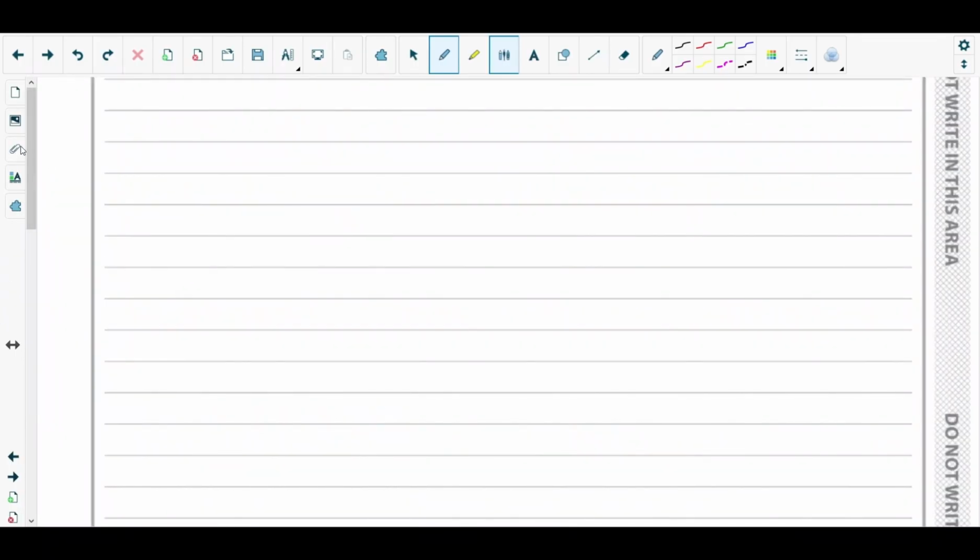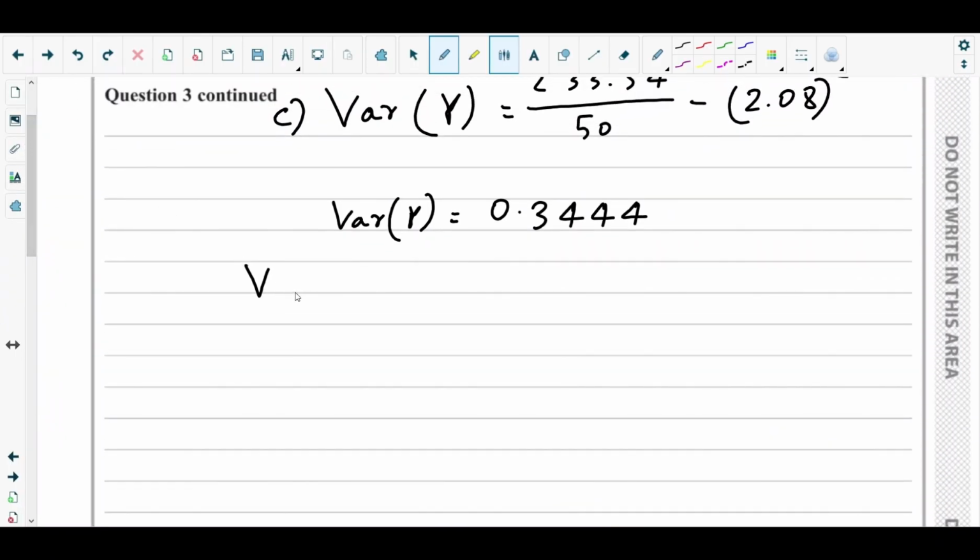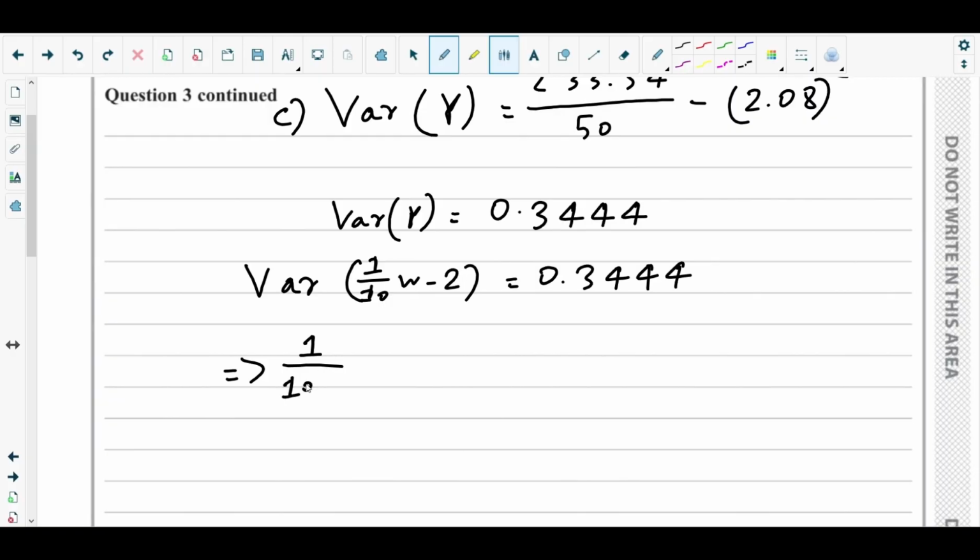So the variance of y is basically the variance of 1 over 10 w minus 2, which equals 0.3444. Now the variance of 1 over 10 w minus 2 can be written as 1 over 100 times the variance of w.